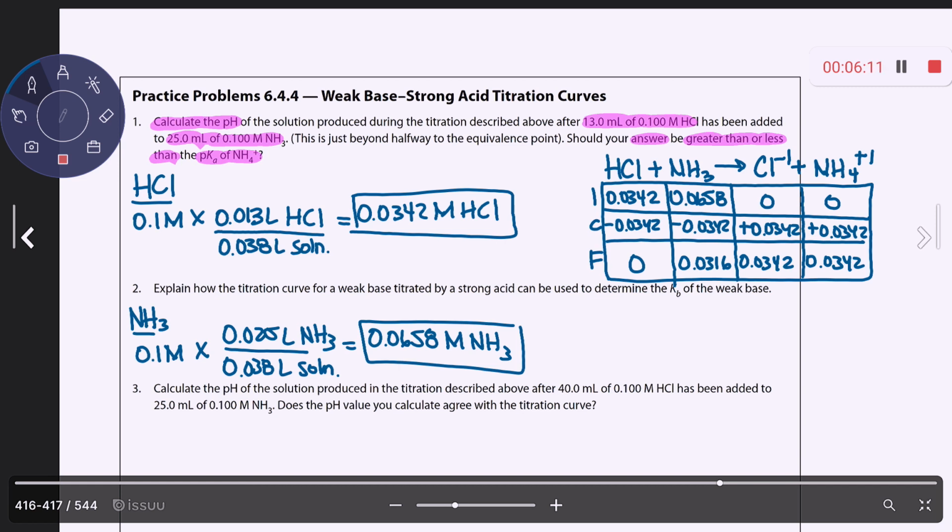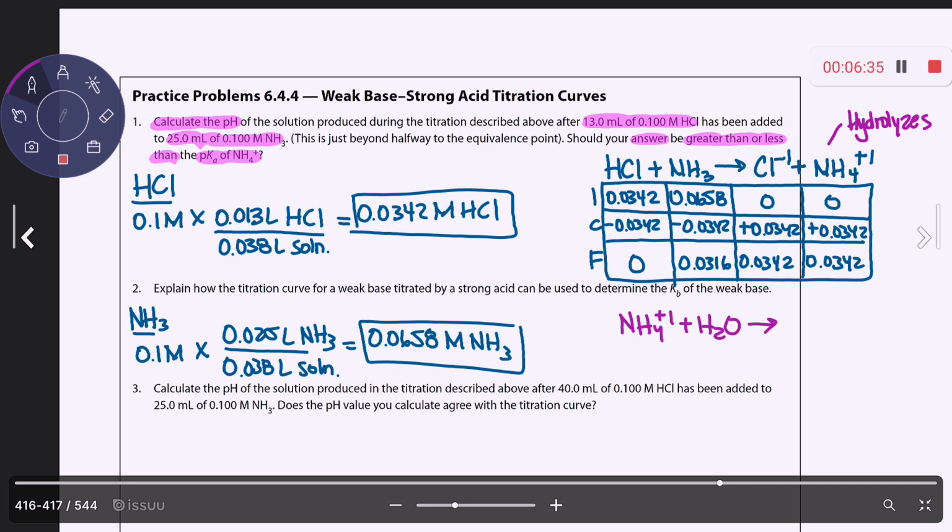Now, the cation hydrolyzes. Agreed? So I'm going to make a note here that this hydrolyzes. So now I need to consider that. So now I'm going to combine that down here with water.